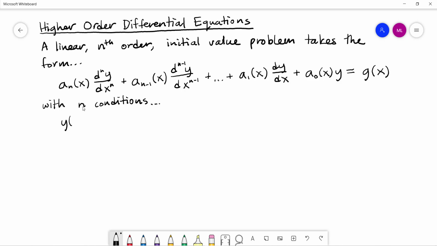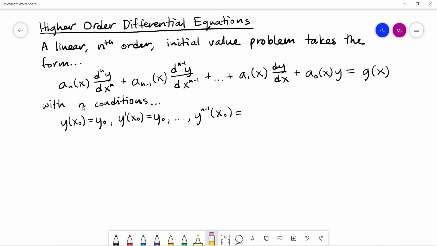So the conditions might look like the following. Maybe we'll have y at some value of x_0 is equal to y_0. So this would be our normal initial condition. But we'll also need to specify what y prime looks like. And maybe we'll need to specify what y double prime looks like, and so on and so forth, all the way up to the n minus 1 derivative.